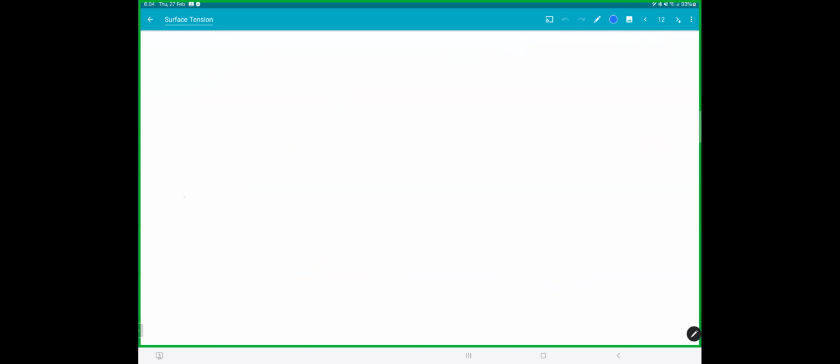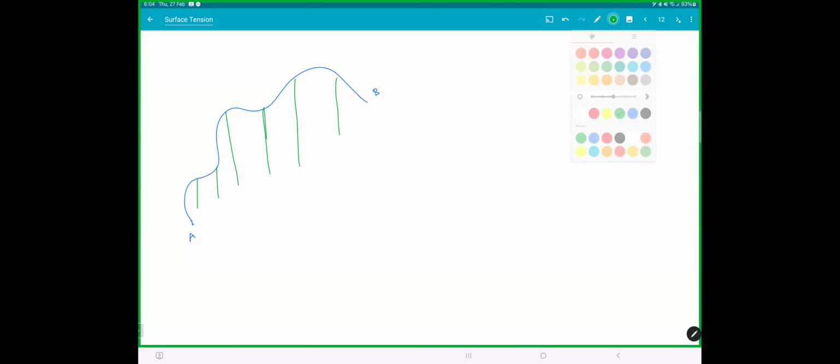Now, alternate. Suppose you have a curve like this, let's say this is A and this is B, and let's say there's a soap film inside. Now at every instant, if you look at the force here, let's say this is dl1 bar, this is dl2 bar. So I can divide this entire curve into small vectors.